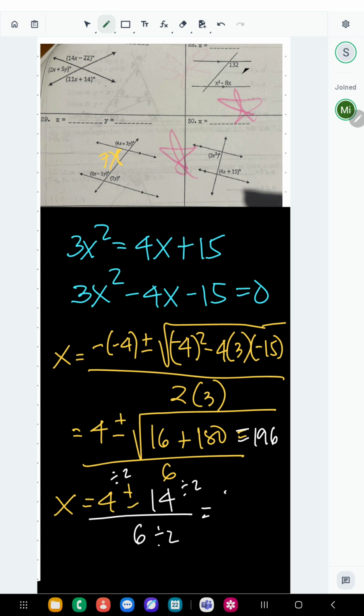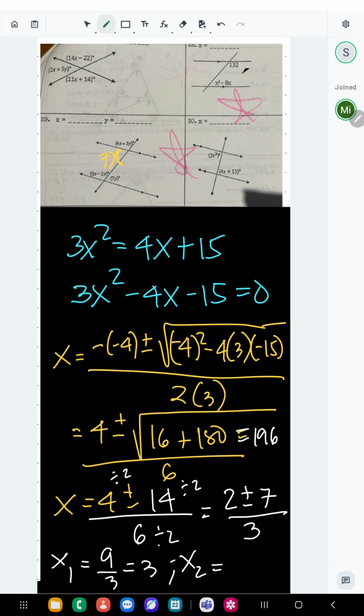So this would become 2 plus or minus 7 over 3. So x sub 1 is 2 plus 7, which is 9 over 3, which is 3. And the other value of x is 2 minus 7, which is negative 5 over 3.